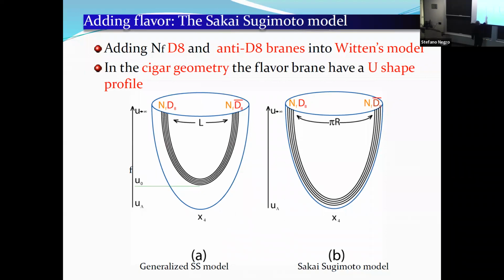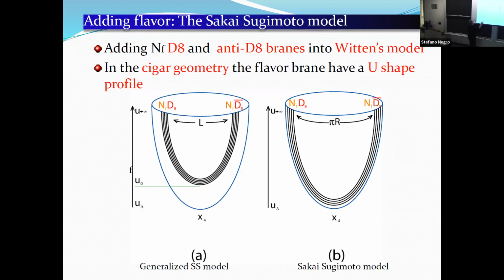So a priori, we have a U(NF) left symmetry here and a U(NF) right symmetry here, which is broken down to the diagonal, and that is a geometrical realization of chiral symmetry breaking. And Sakai and Sugimoto had this antipodal construction. For us, it will be very important that it's not antipodal, and there is this height here.